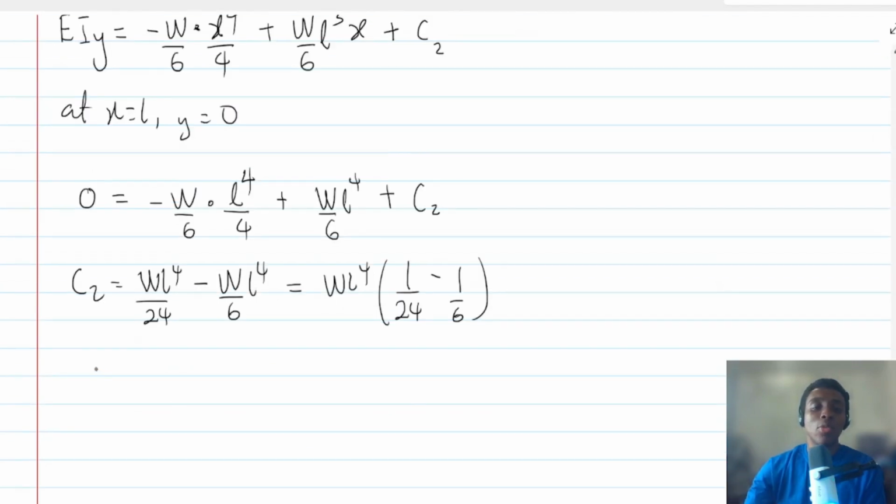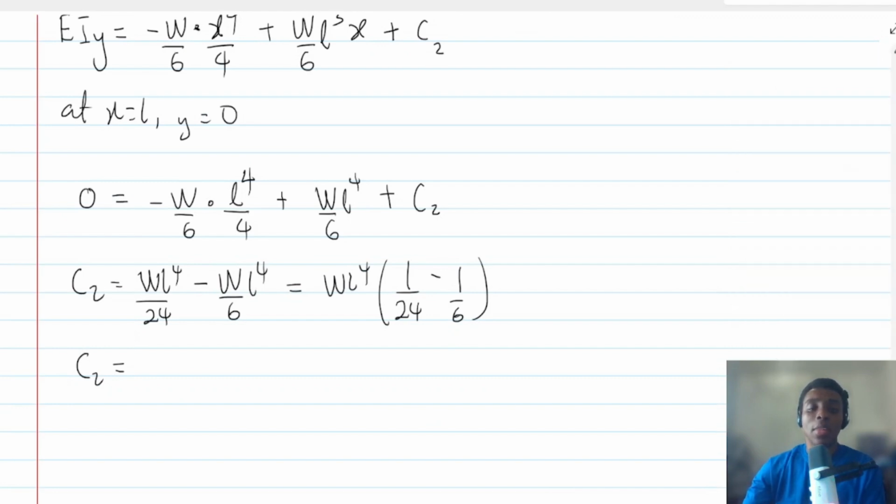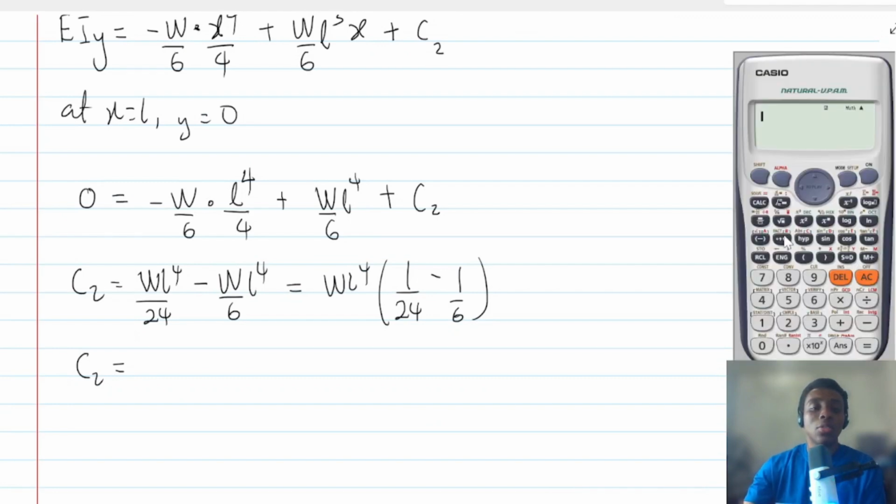So C2 will be 1 divided by 24 minus 1 divided by 6, so minus 1 over 8.